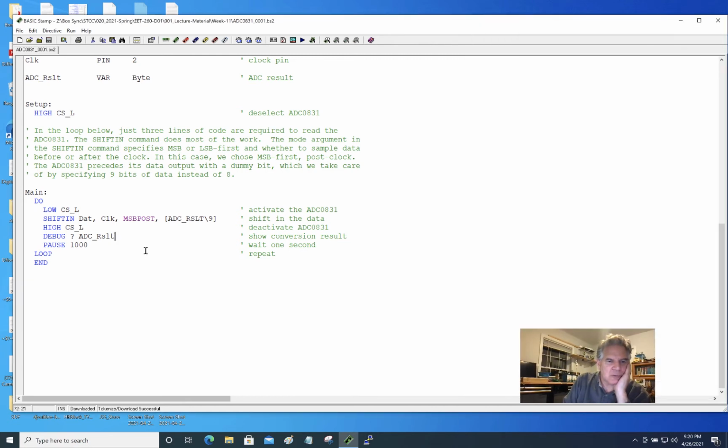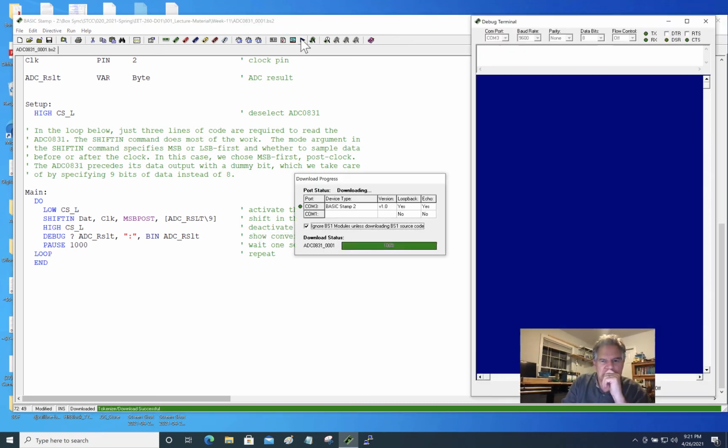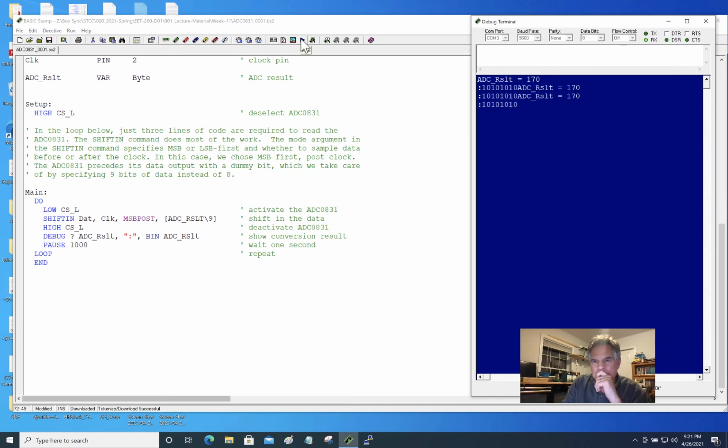So what if I were to change this program and say I want bin ADC result here, and maybe I'll put some kind of character like a colon in between so we don't have any trouble there. And we'll try programming that. And it's giving us a carriage return.